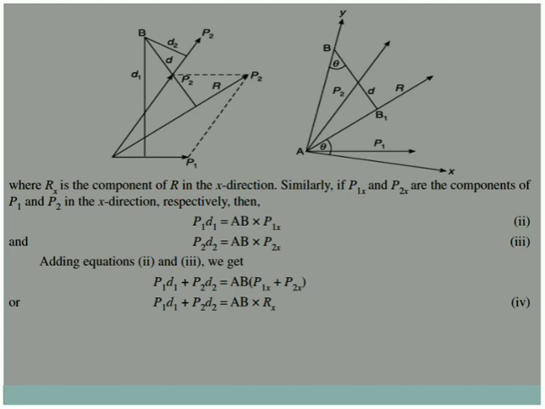Now forget the resultant. Take the force P1 and develop such a triangle, then take the force P2 and develop such a triangle. Instead of doing all this, as it is similar, directly we can write P1 into D1 is equal to AB into P1x, and similarly P2 into D2 is equal to AB into P2x.